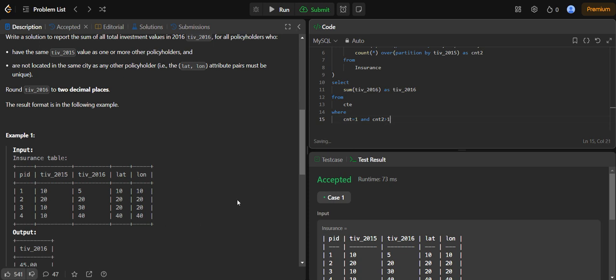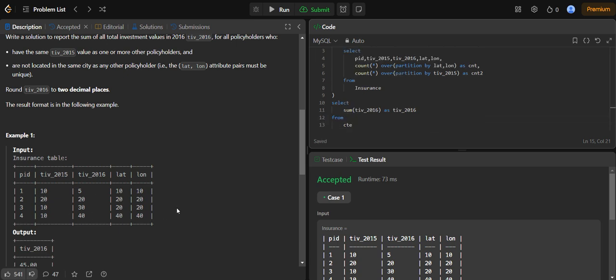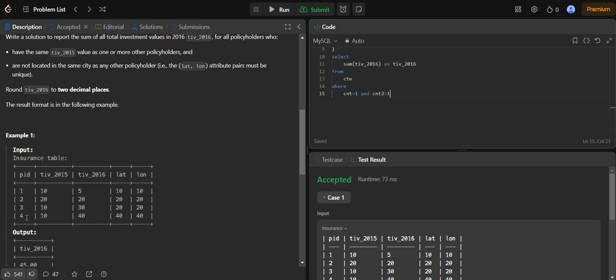So the latitude, longitude pair must be unique, and the TIV 2015 count must be more than 1.